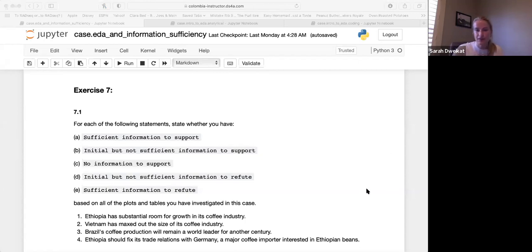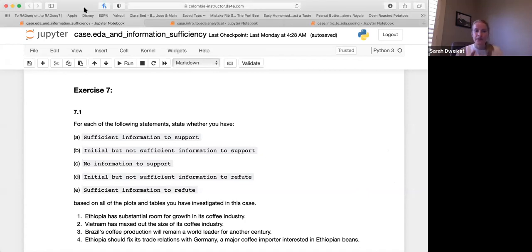For each one of these, I'll read all of them and we can think about all of them for now. So Ethiopia has substantial room for growth in its coffee industry. Do we have sufficient information? Let's think about the definition for sufficient again.